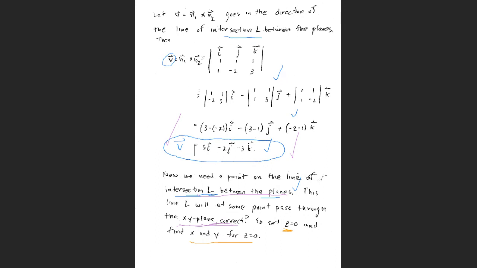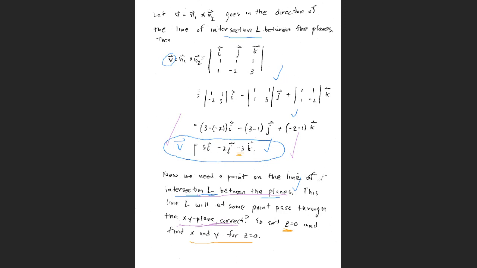And we know this line, the fact that we have the -3 for the third component, that the line is not in the XY plane. Well, now wait, hold on, I have to be careful on that.